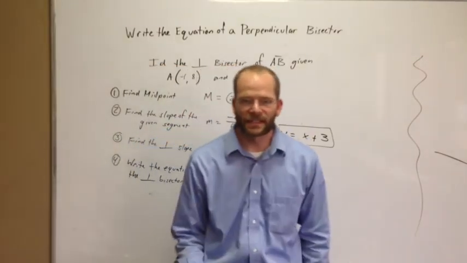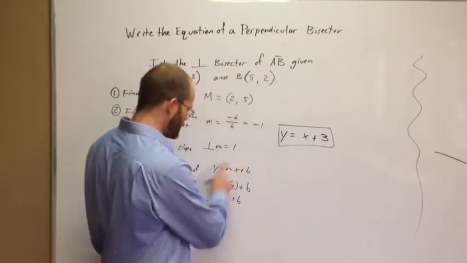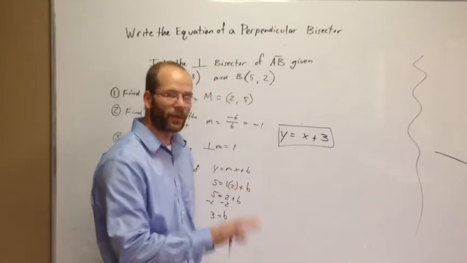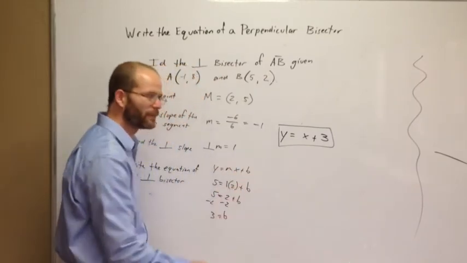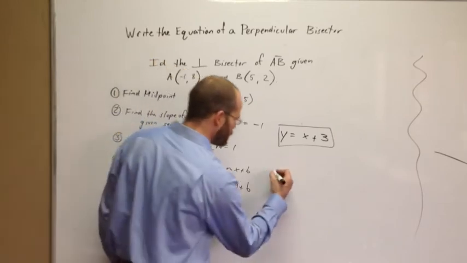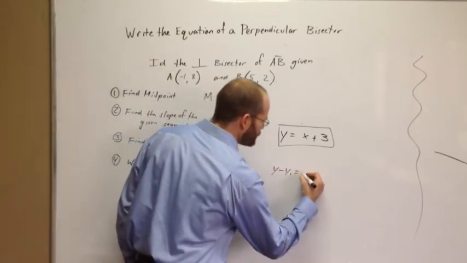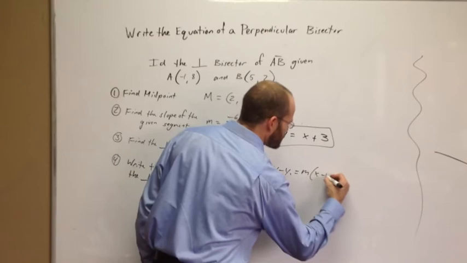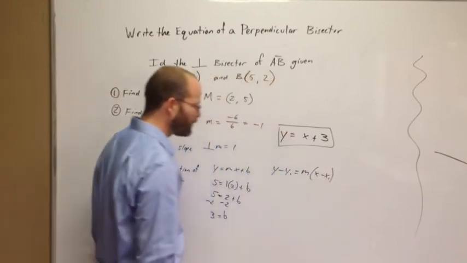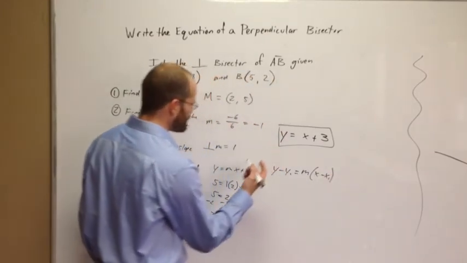I would like to take just a few moments and run through this part of the process using point-slope form instead of slope-intercept form, just because I think it'd be a good review. y minus y1 is equal to m times x minus x1. That is point-slope form. Now we plug in the values that we know.